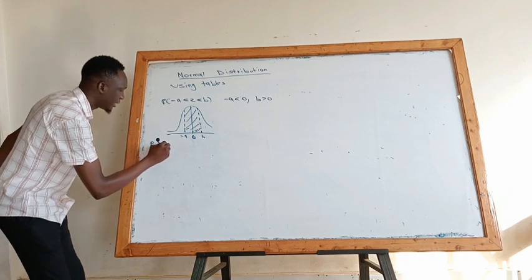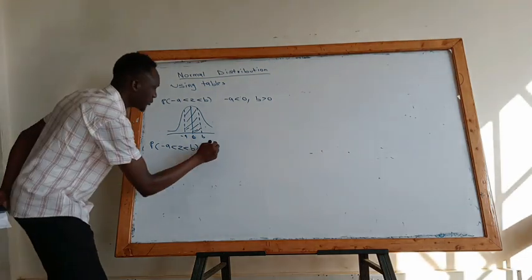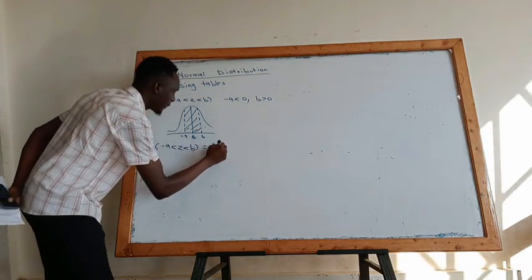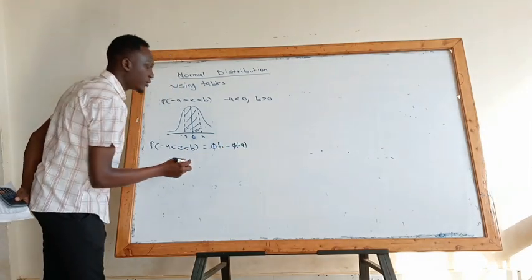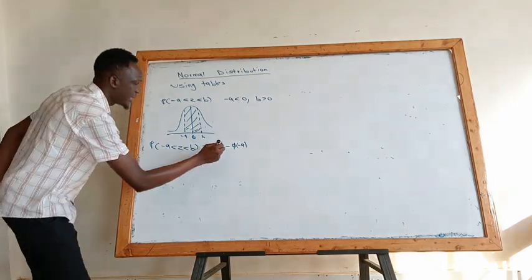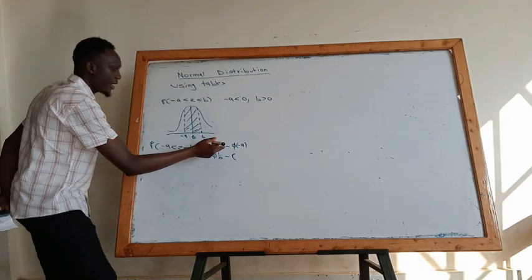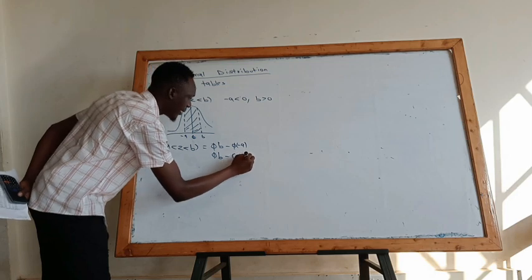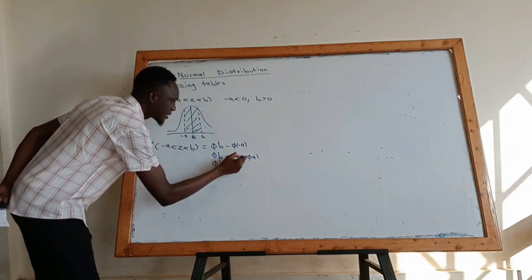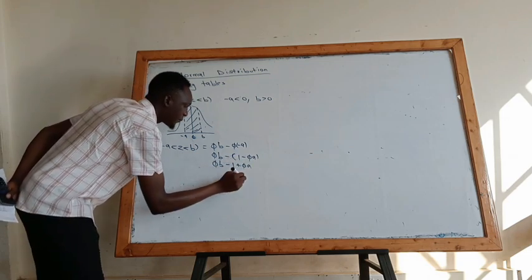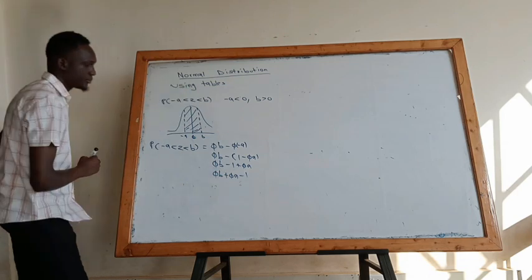So the probability that negative A is less than Z less than B is equal to phi of B minus phi of negative A. We realize that phi of negative A, due to the property of symmetry that we learned, is the same as 1 minus phi A. So we have phi B minus 1 plus phi A, so we have phi B plus phi A minus 1.